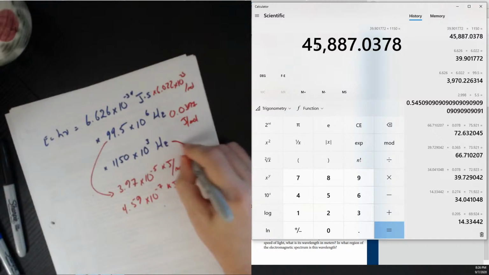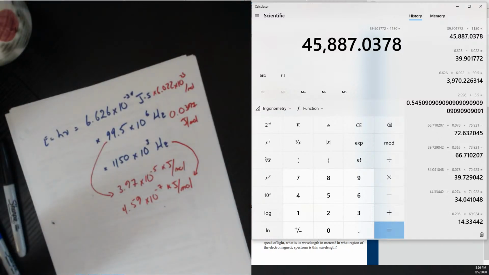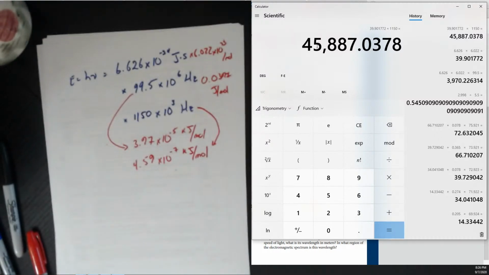And that is this guy here. Okay, so yeah, there's about 100 times more energy there in the FM band.